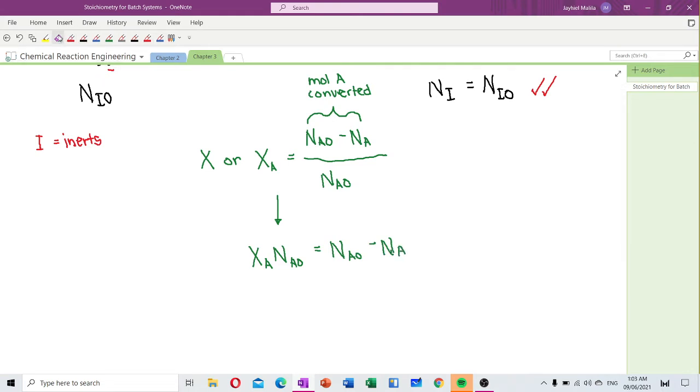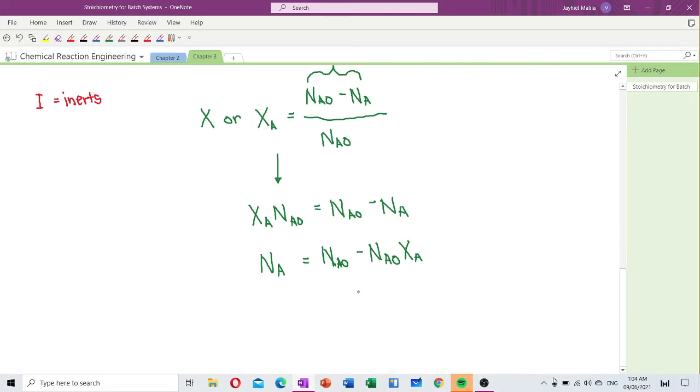So on the left side, we can rewrite Na, the final number of moles of A, as the difference between Na0 and Na0 times xa.